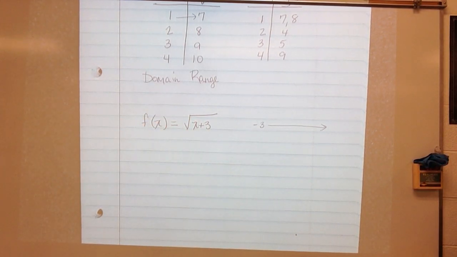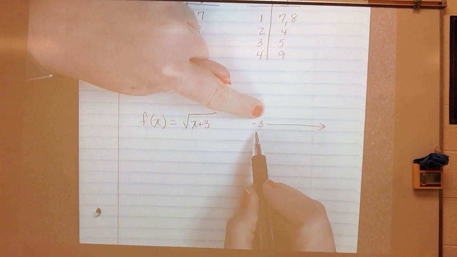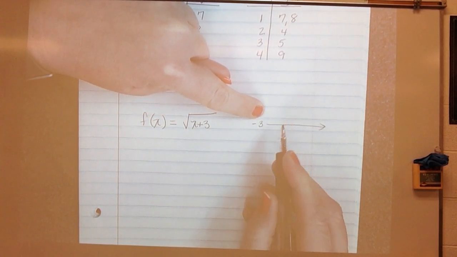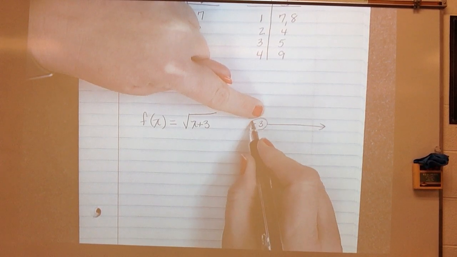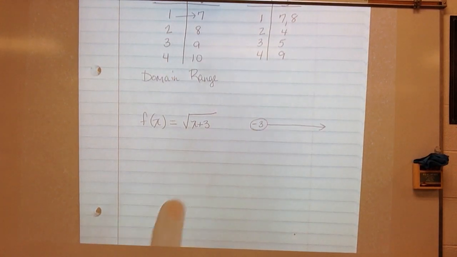At this point in time, the square root of negative numbers is undefined. So therefore, I know that my domain has to start at -3 and go up. I cannot put anything smaller than -3 in this equation and it be a true statement.